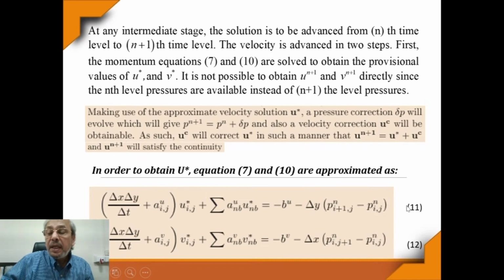That is why equations 11 and 12 are making a projection for velocities at n plus 1th level. And then these two equations are required to be corrected. When the pressure is corrected, u star will also be corrected to u n plus 1.